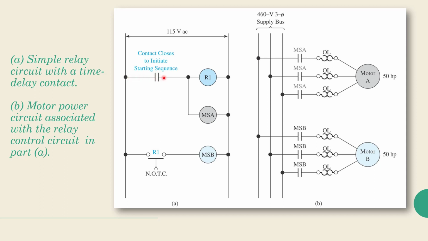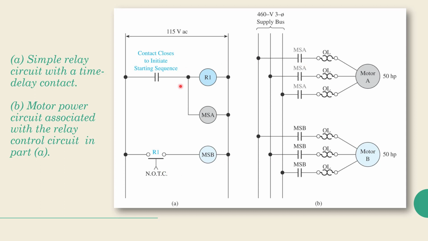Something causes power to be delivered to R1. And when R1 picks up, it starts this timer. Normally open, time close. So this is normally open, but the time close means that once this closes here, this starts timing, which is something that we can usually preset.